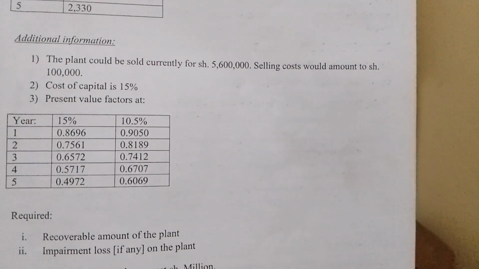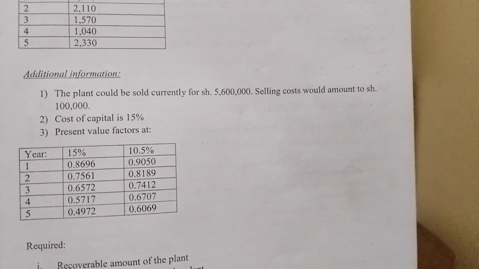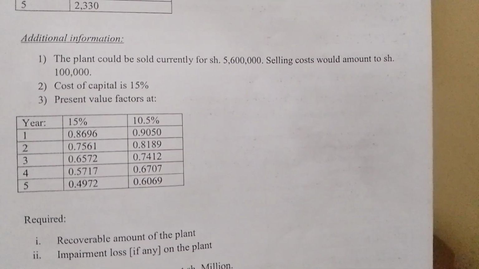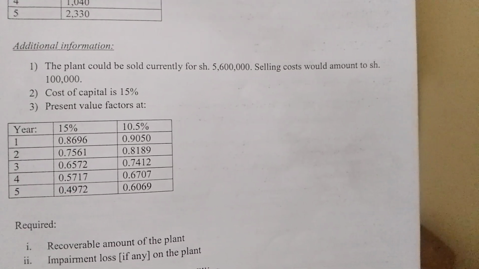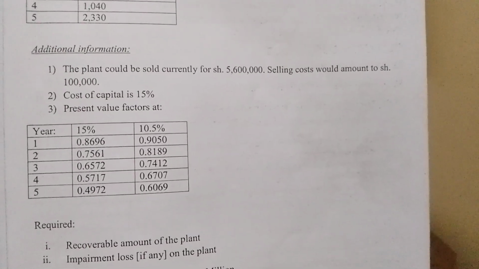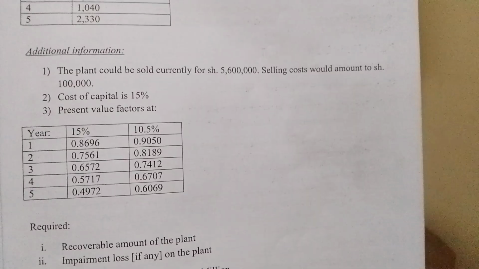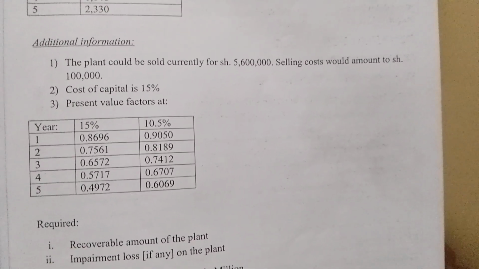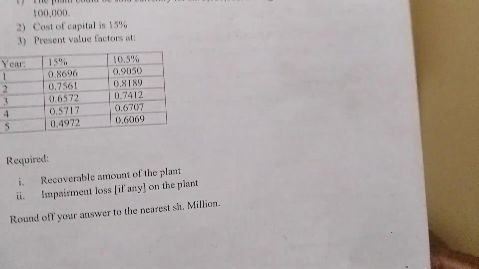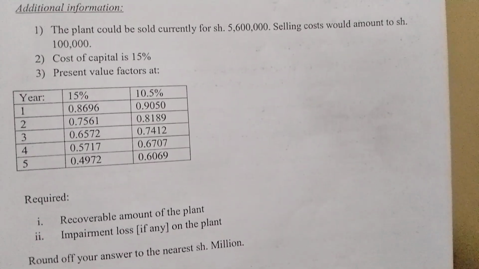Now, I used 15% to do the first illustration. Then the second illustration, I used 10.5%. So I was just trying to illustrate how to calculate impairment, but I used 2 different rates. Illustration 1, remember I used 15%. For illustration 2, I used 10.5%. Then you are told to calculate recoverable amount and impairment.